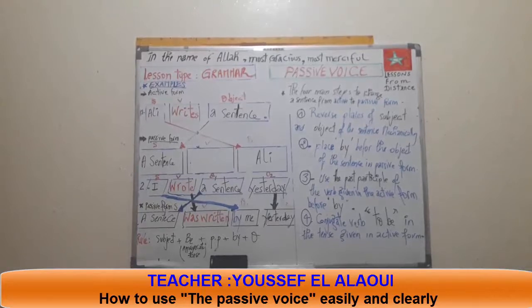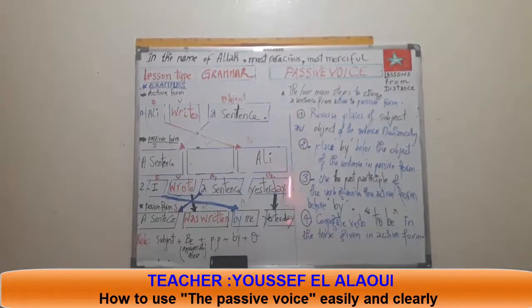Well, dear learners, I introduce exclusively 4 main steps to change a sentence from active to passive form. Alright? Here is a sentence on which we are going to do our steps.